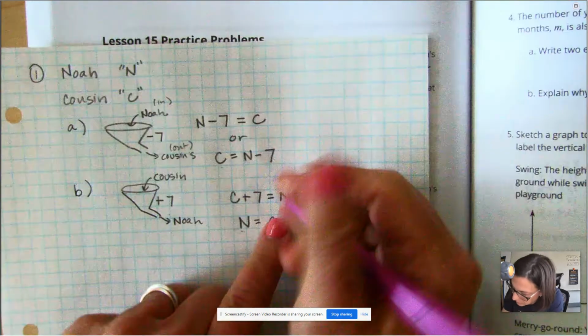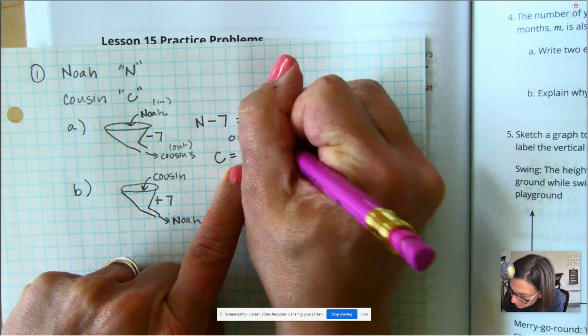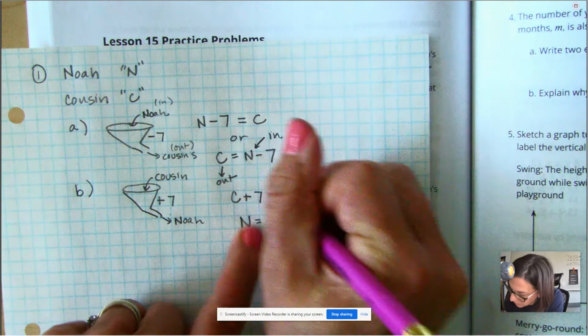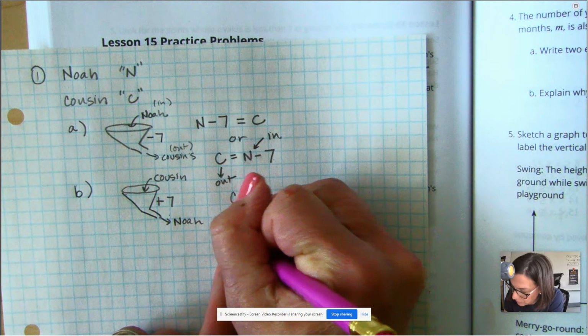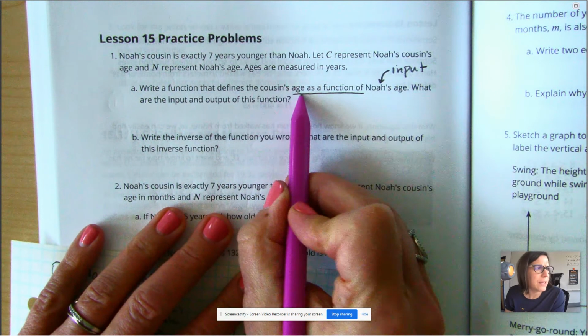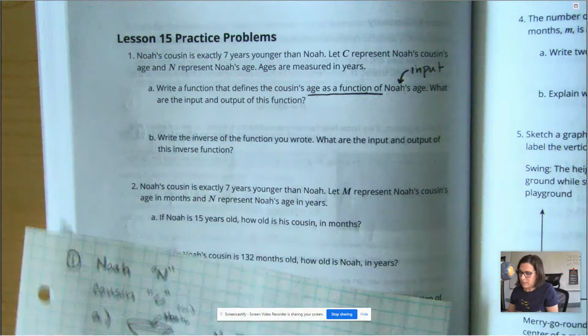On the first one, Noah is the input, cousin is the output. On the second one, cousin is the input and Noah is the output. You can also see that in "as a function of" on the first one, Noah's age.